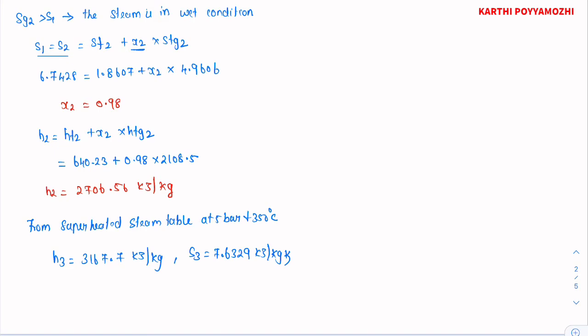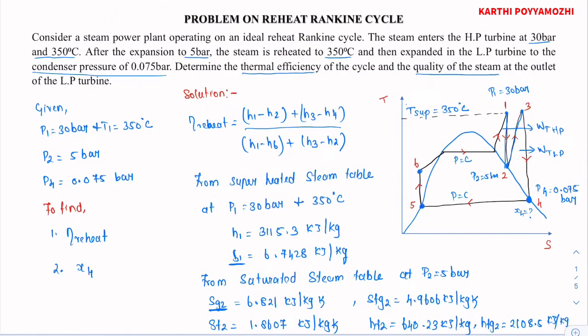Now we have the value of H3. Next, we have to find the value of H4. In the numerator, we have H1, H2, and H3. Now we have to find the value of H4, and the state point 4 is on the saturated vapor curve. So we have to find the value of H4 from the saturated steam table at pressure 0.075 bar.